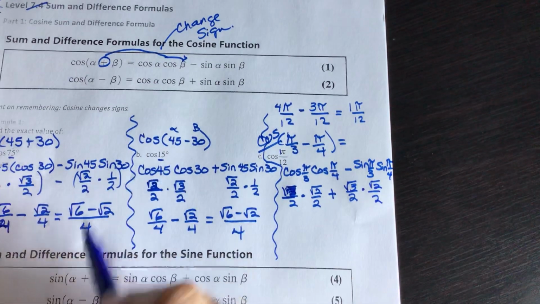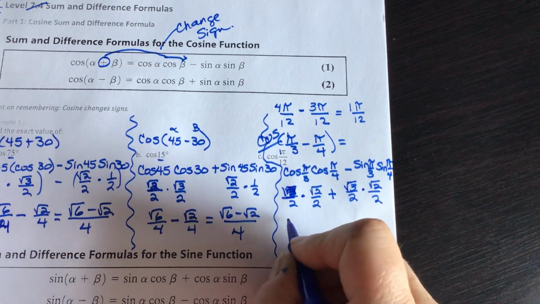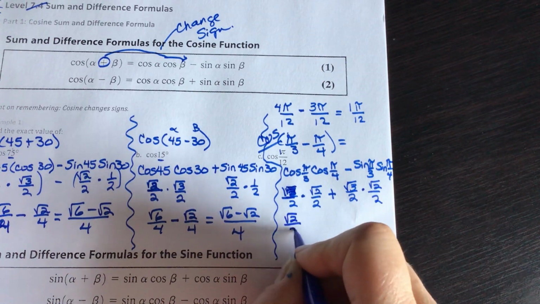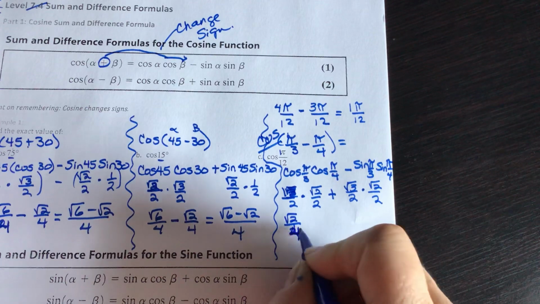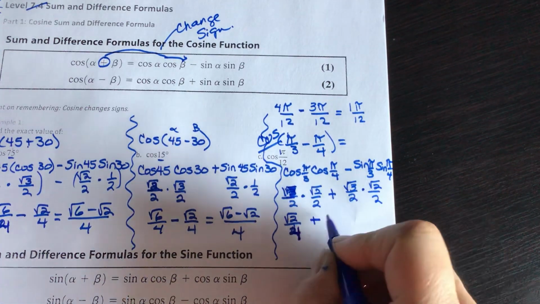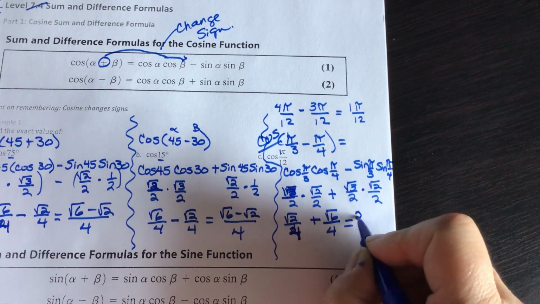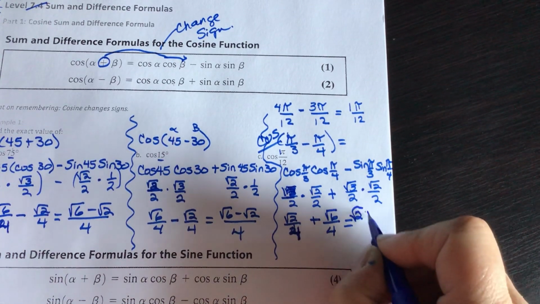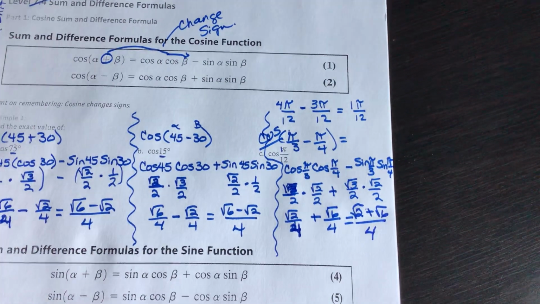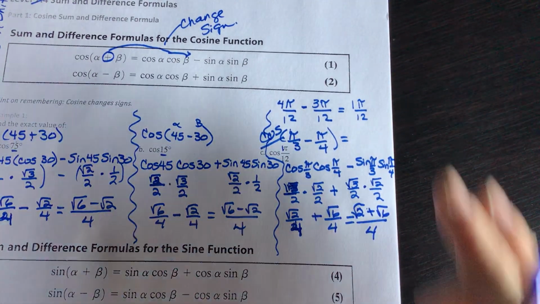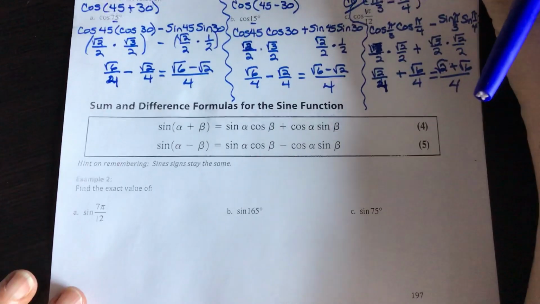And this is basically what we have over here. 1 times the square root of 2 is square root of 2 over 4, sorry, plus square root of 6 over 4. So this is square root of 2 plus square root of 6 over 4. All right, now we're going to look at the sines of these.